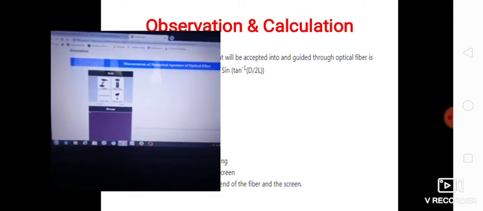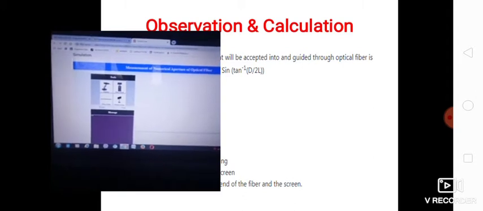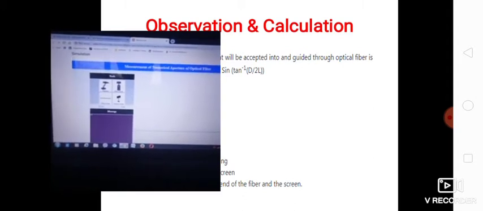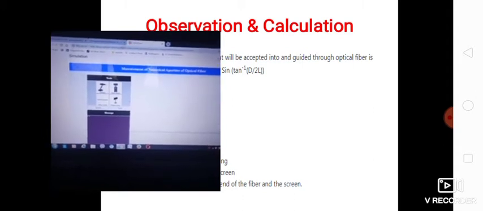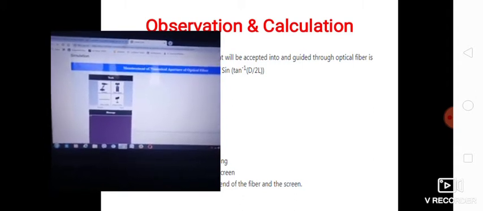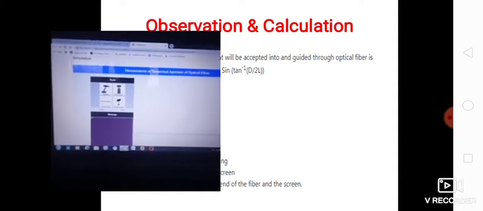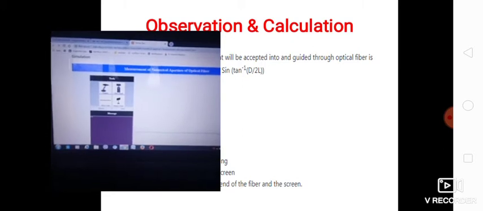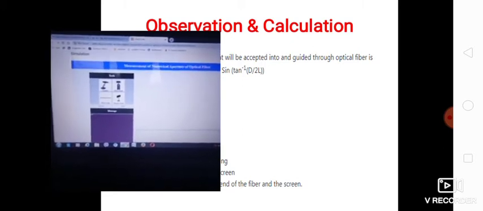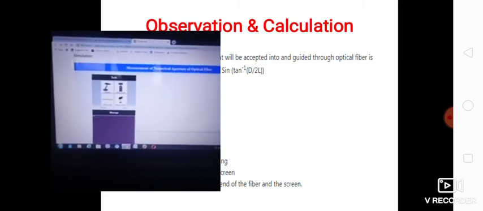You can go and find the experiments for all the engineering branches: electronics, computer, mechanical and civil. For the electronics and telecommunication branch, all the subject experiments are there. Okay, so I am showing you the screen of the optical fiber VLab, which is handled and taken care of by IIT Bombay. I will share a link in the description.